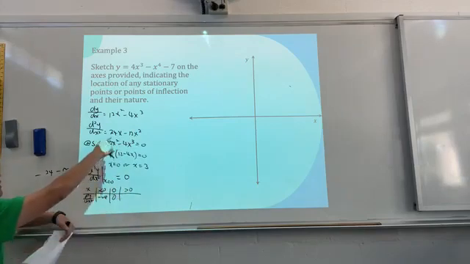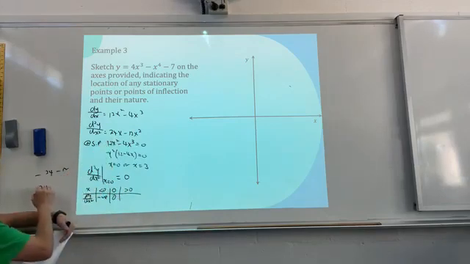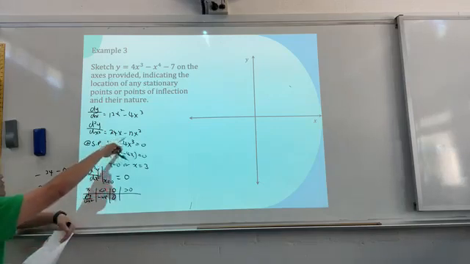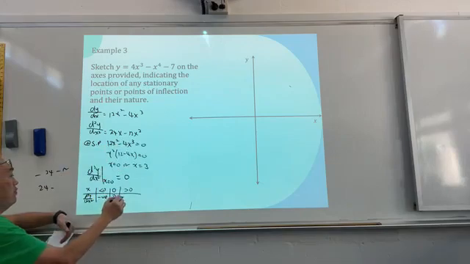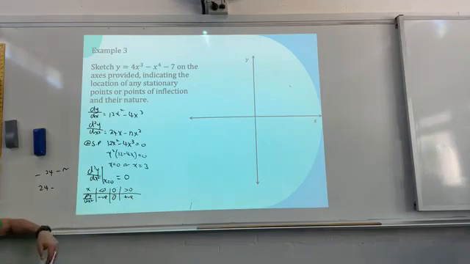If it is 1, 24 minus 12 times 1, which is positive. So it is a point of inflection. It is a horizontal point of inflection.